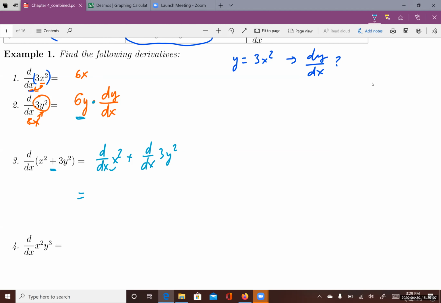Since x and x are the same, I can just use a power rule, and x and y here are not the same. So then you have to use implicit differentiation, where you find the derivative of 3y squared in terms of y, which is 6y, and you have to multiply by dy over dx. Okay.